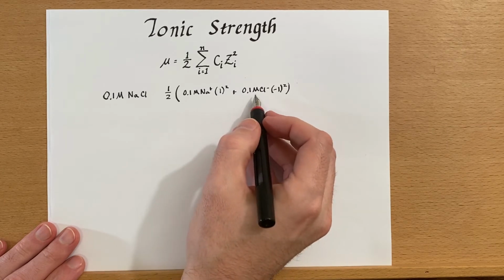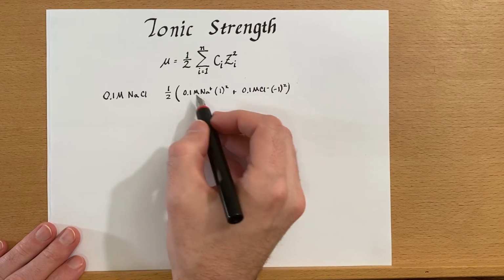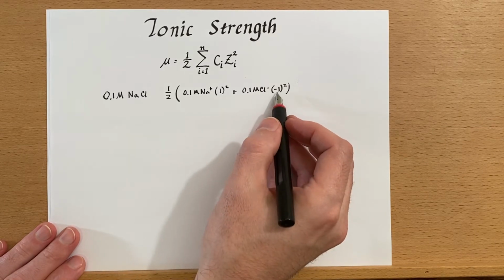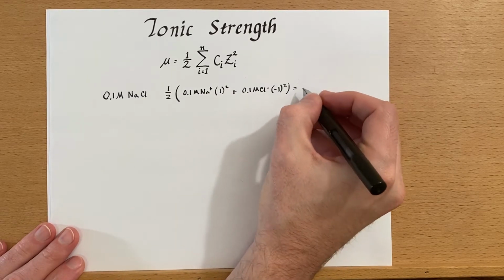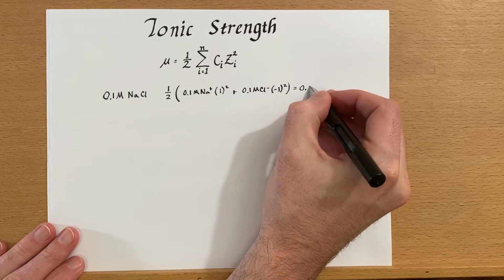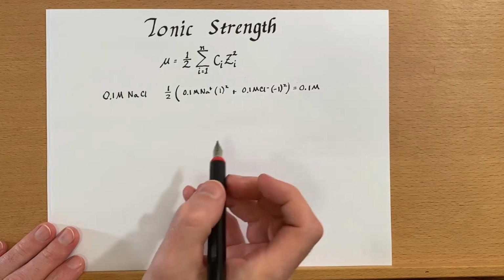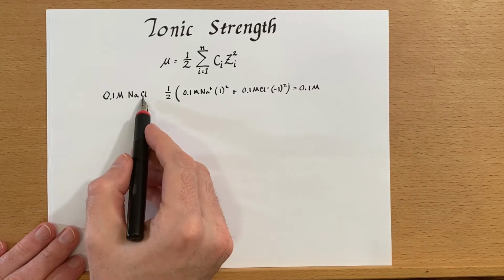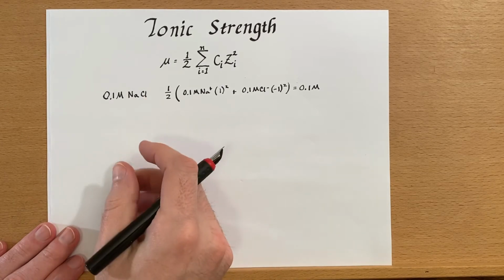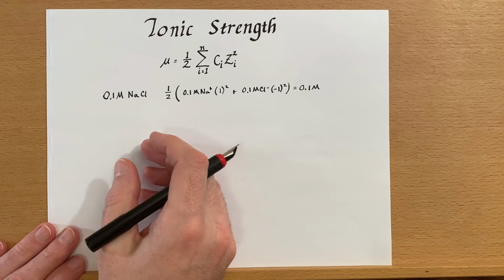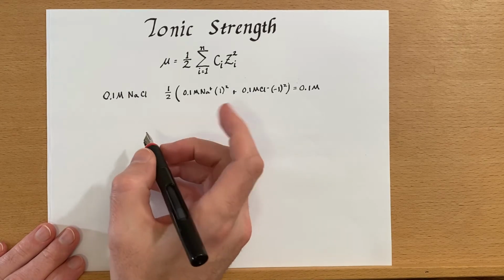And you'll notice that this is just 0.1 times 1 and 0.1 times 1 and then divide by 2. So it's actually still just 0.1 molar. And that's the case when we have two ions that are singly charged like this. So that's a very simple case.